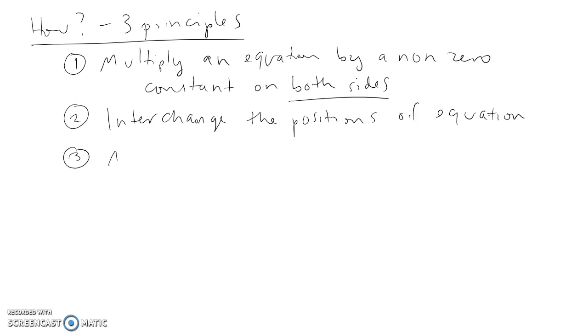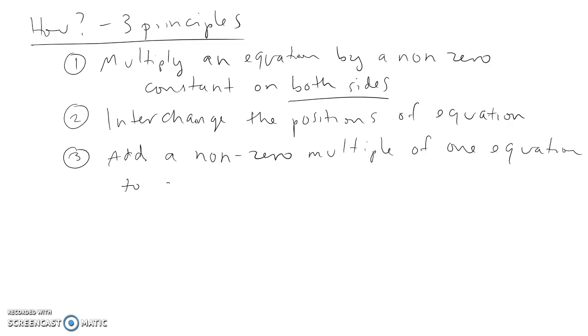And number 3 is we can add a non-zero multiple of one equation to another equation. And you have seen this before, for sure. To think about this, I want you to recall something that you learned in an earlier algebra class.